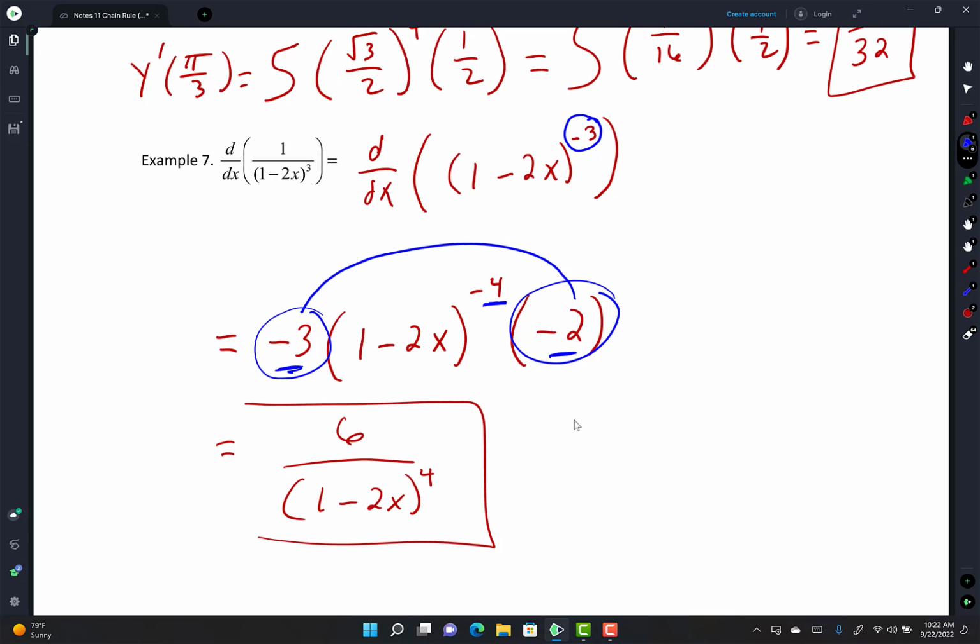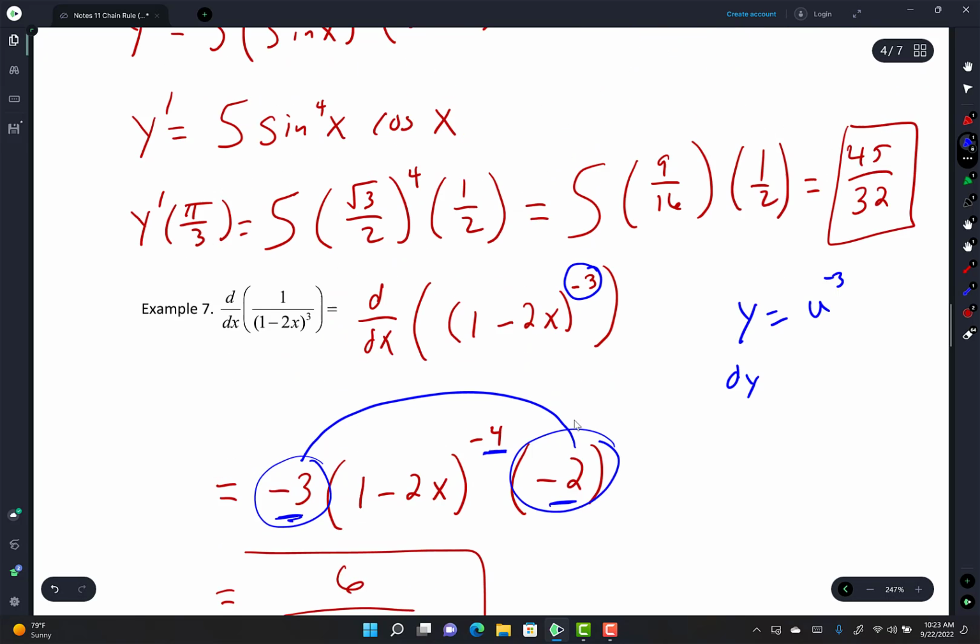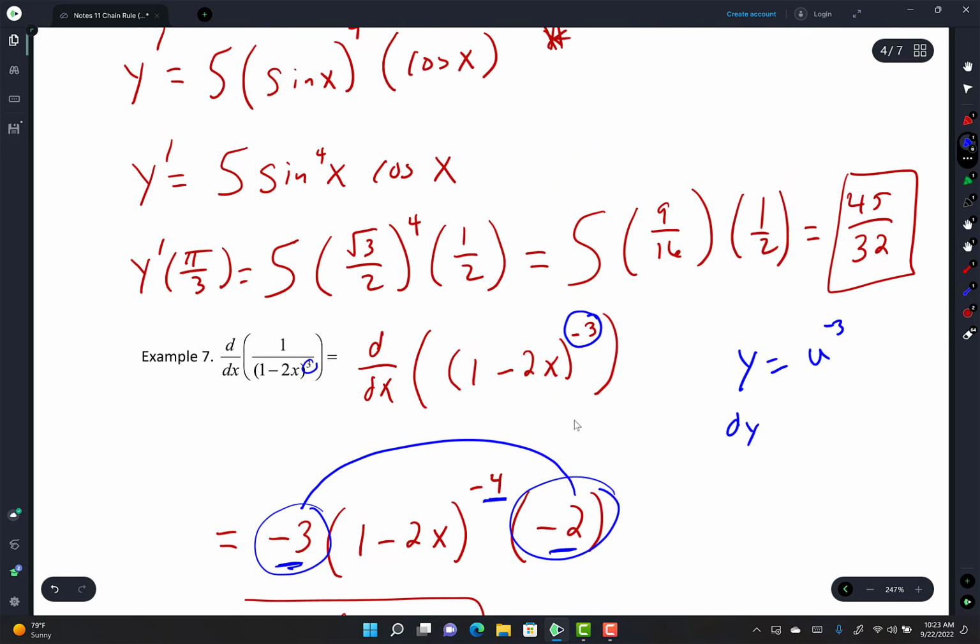Did I answer your question? Tell me your question again. I got it from the power rule. That -3, okay, look, y equals u to the third power. Oh, the -3, got it. Where did it come from? You see that 3 here in the bottom? When I picked it up, it turned to a -3, and then I just took the derivative.